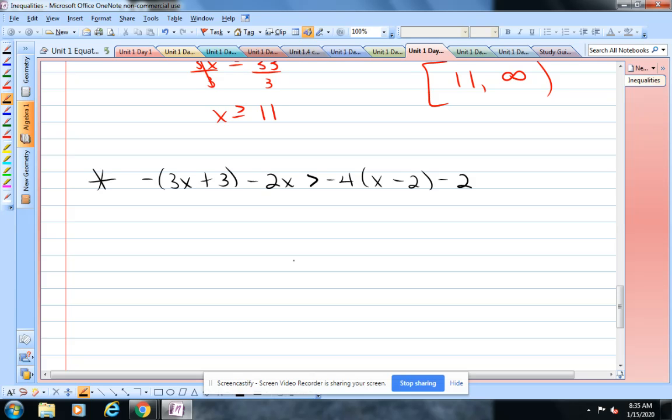Solve it, underline, and interval. Y'all can go ahead and check with each other. Discuss it if y'all have problems.